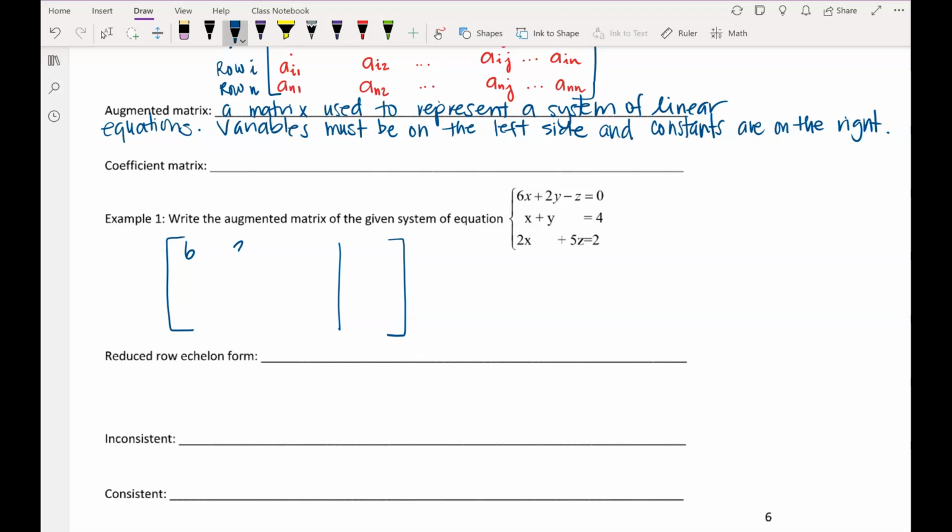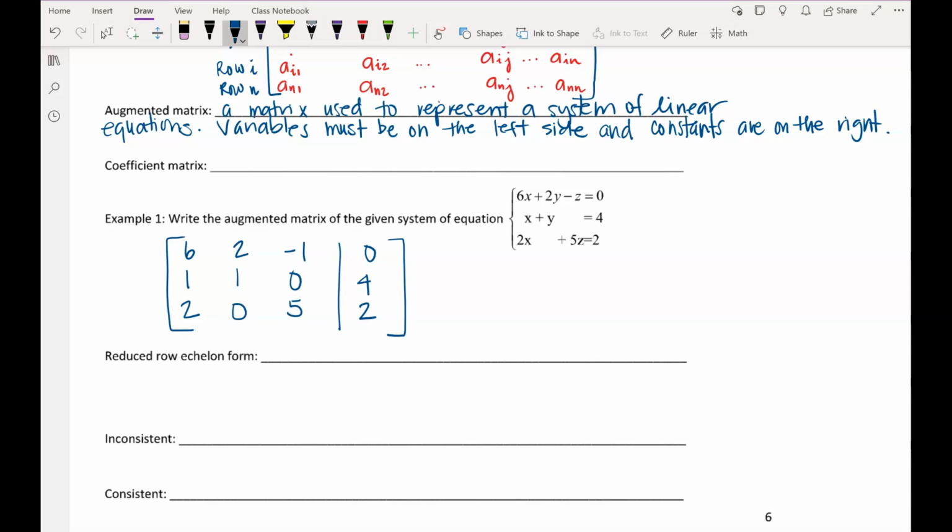We have 2y, we write the 2, and negative 1z, so that's just negative 1. Now the first constant of the first equation is 0. Now the second equation, we have 1x, 1y, no z, so that fills in with 0. Yes, you have to have a 0 there. And the constant would be a 4. And the third one, we have 2x, 0y, and 5z, and that constant for the third equation is 2. So that's an augmented matrix.